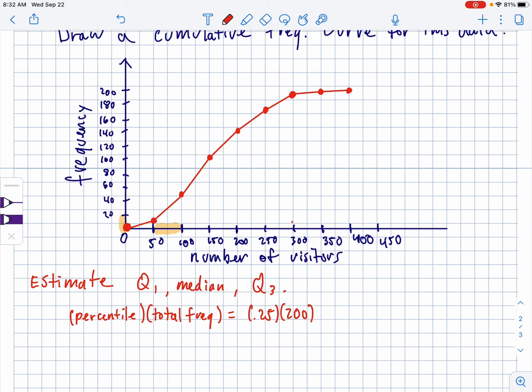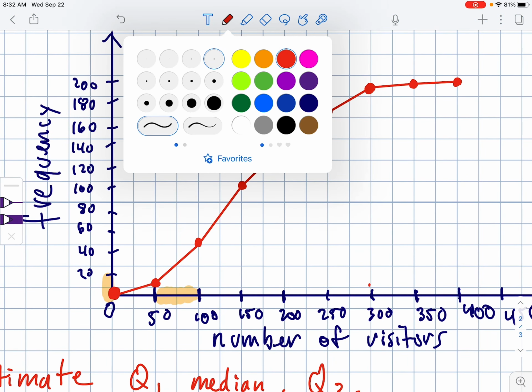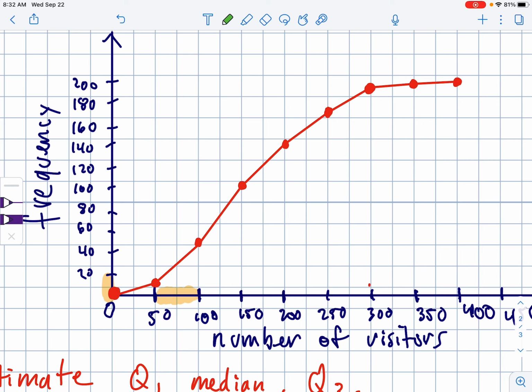So for Q1, it's going to be 0.25 times 200, because we have a total of 200 data points. So that is 50. That means the 50th score is going to be Q1, or the lower quartile. So I go to my polygon, use a different color, and find 50 right here.